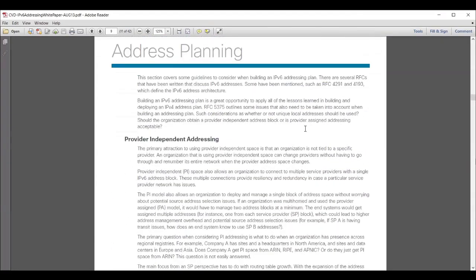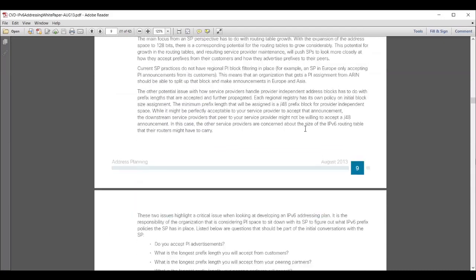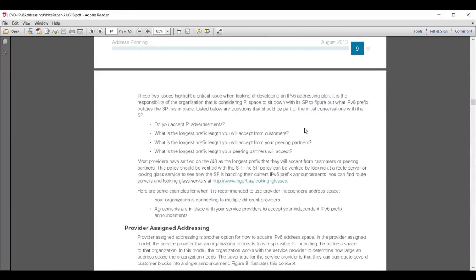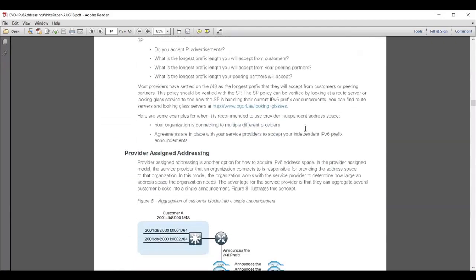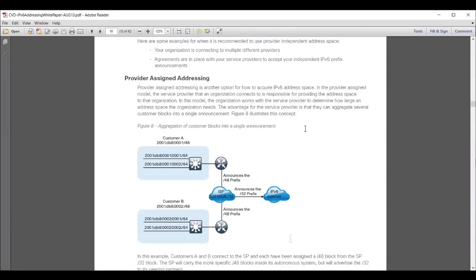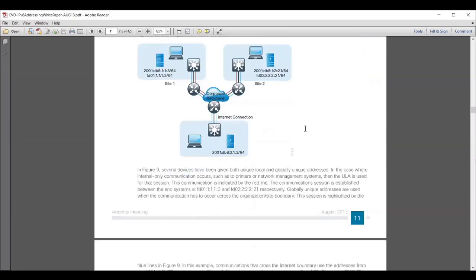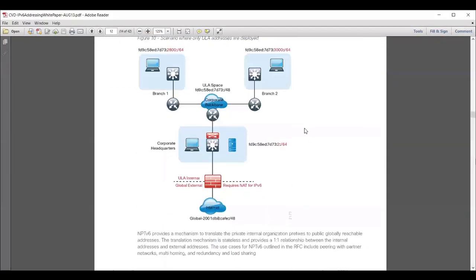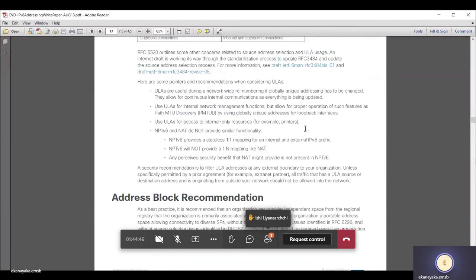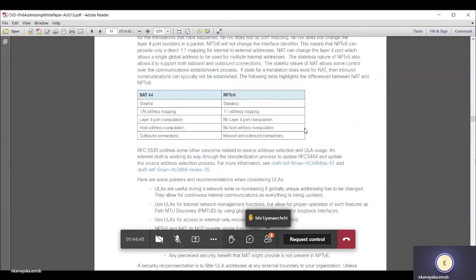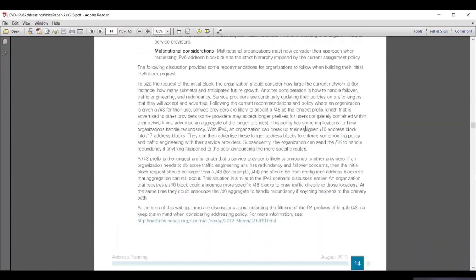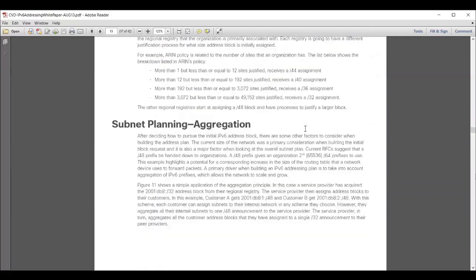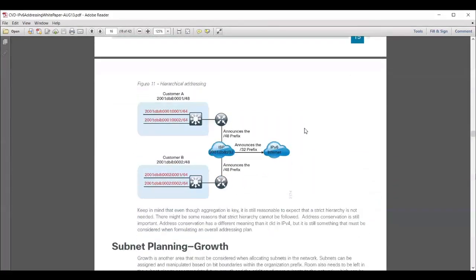And when you are planning addresses, there is some advice given in this white paper, and if you go to the subnetting part of IP version 6, I can show you.